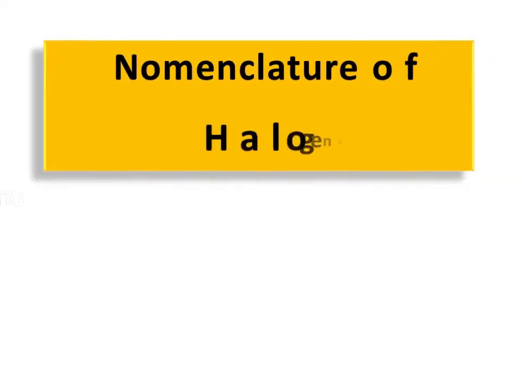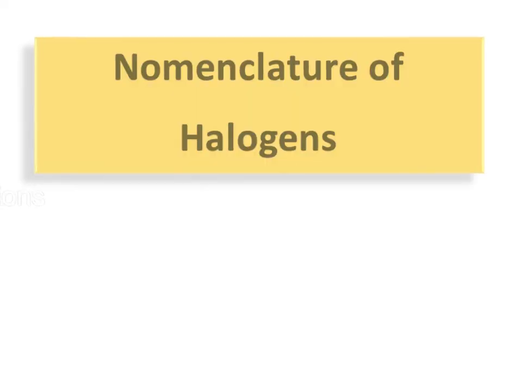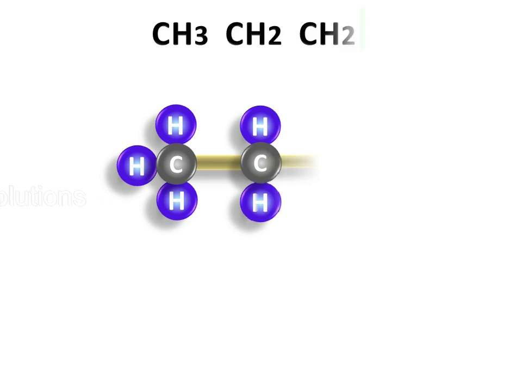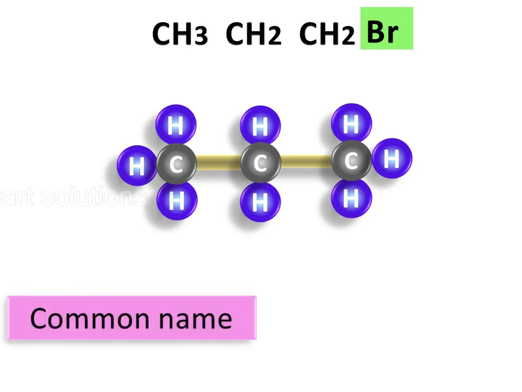Nomenclature of halogens. Propyl or propane contains hydrogen atoms.